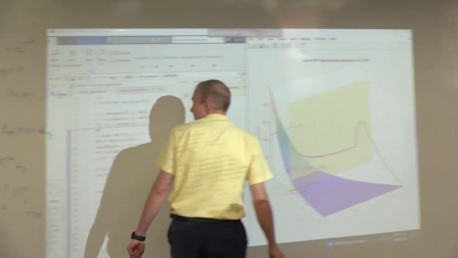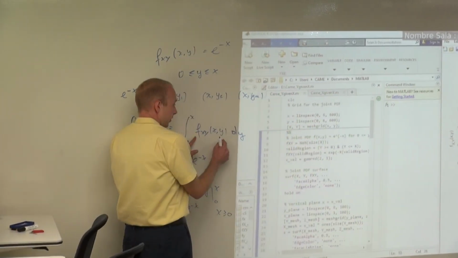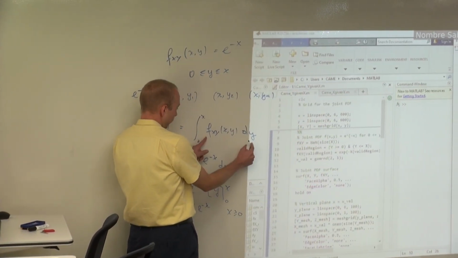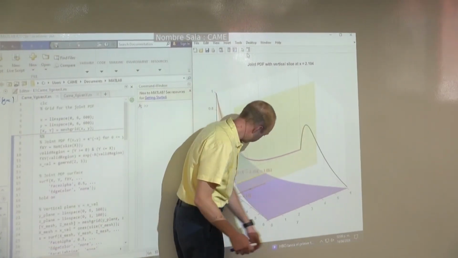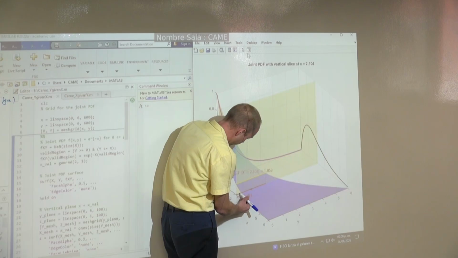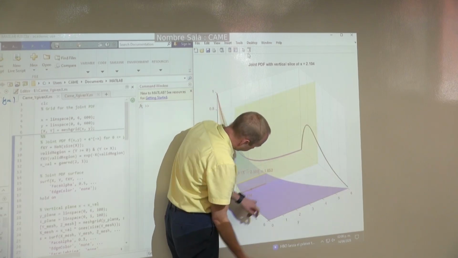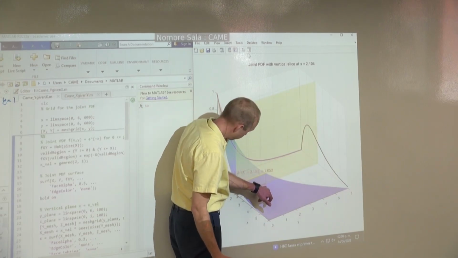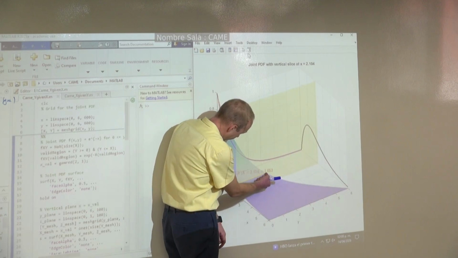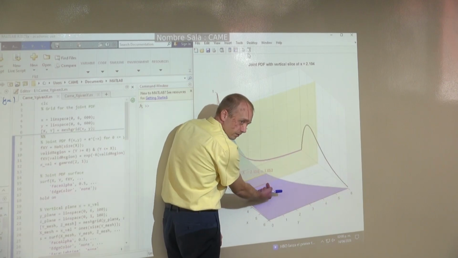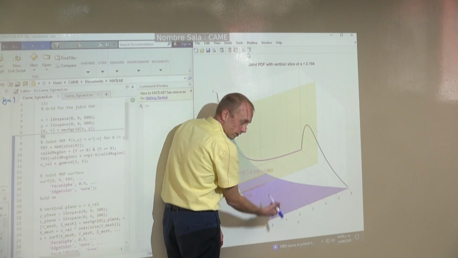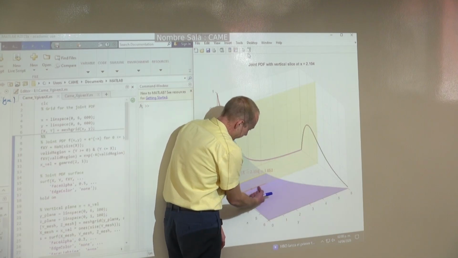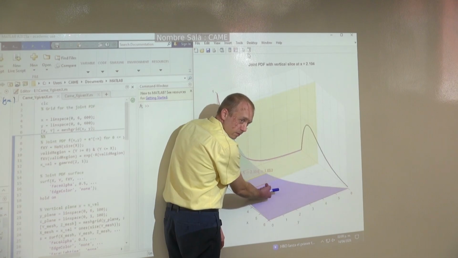You integrate with respect to y along this line. So I integrate with respect to y from 0 to the point x. So what does it mean integrating under this curve from here to here? It means computing the area under the curve on the line from 0 to x, no?